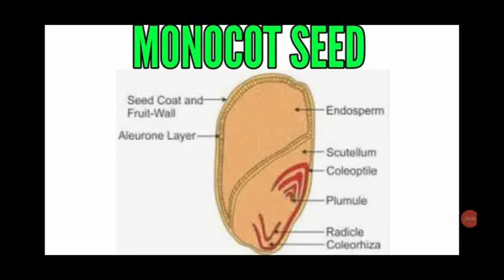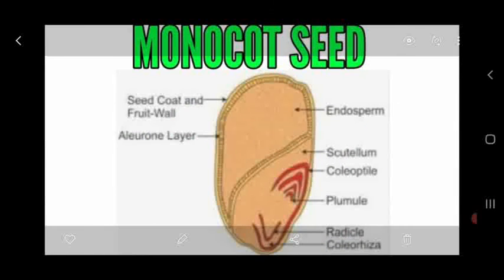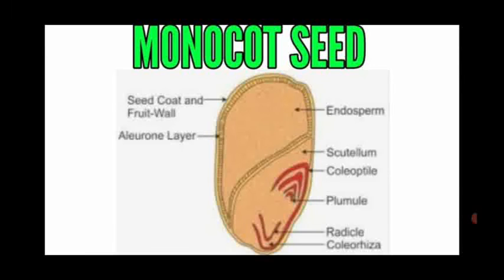The seed coat, otherwise named as fruit wall, is enclosing the endosperm and growing embryo. The embryo and the endosperm are separated by a layer called epithelial cell or aleurone layer. This one contains only one cotyledon, that is called scutellum.